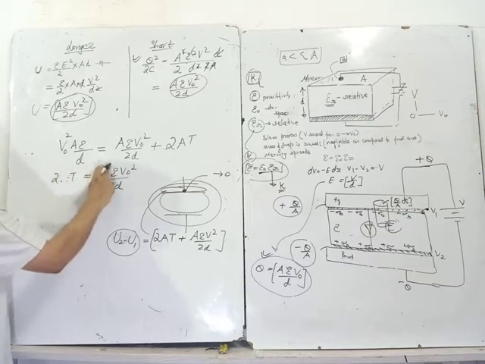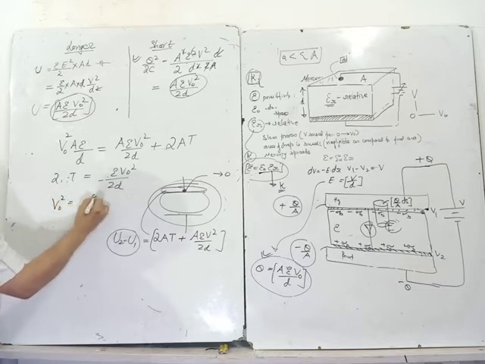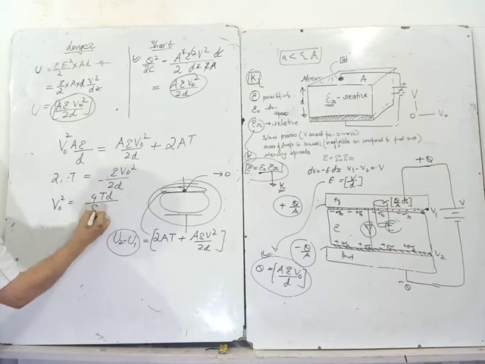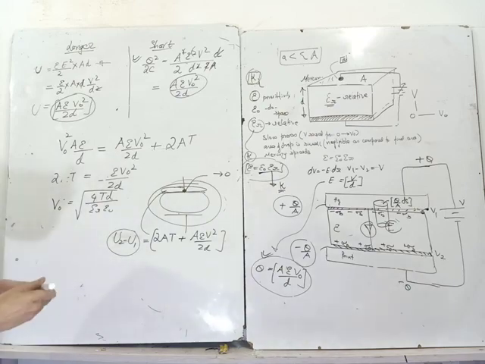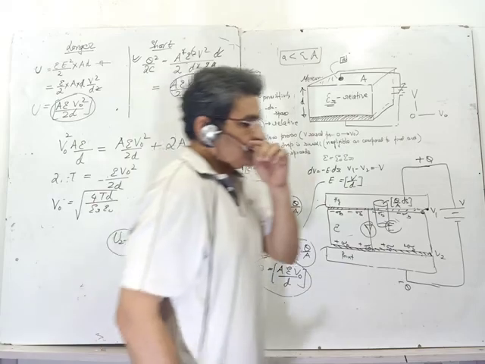So A gets cancelled. So I get the value of V0 squared as 4Td upon epsilon, which is nothing but epsilon_r and epsilon naught. So V0 is the square root of this. This is the voltage at which the mercury has spread over the entire surface.